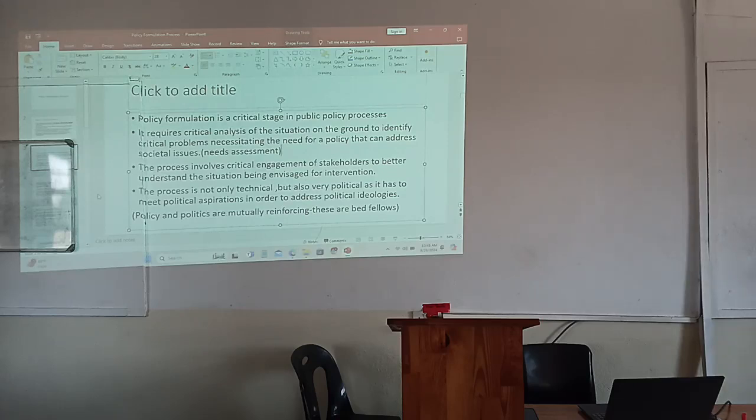Right? And when we talk about issues of government, we are looking at the three arms of government, which is one, the executive, which is the presidency. And two, the legislature, right? Which is the parliament.